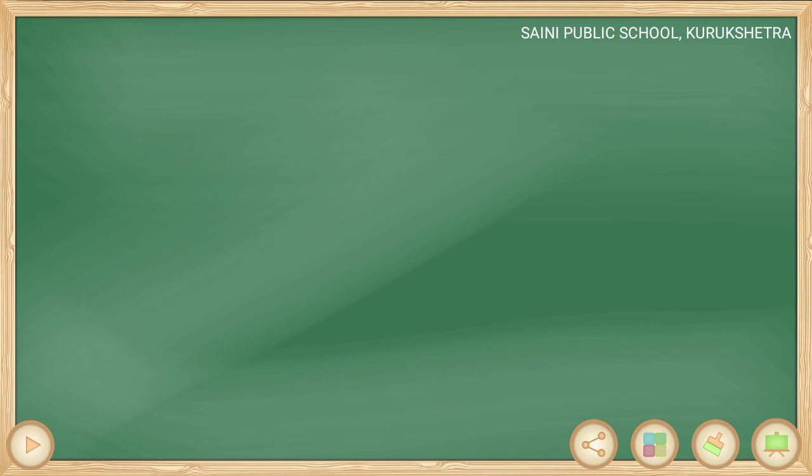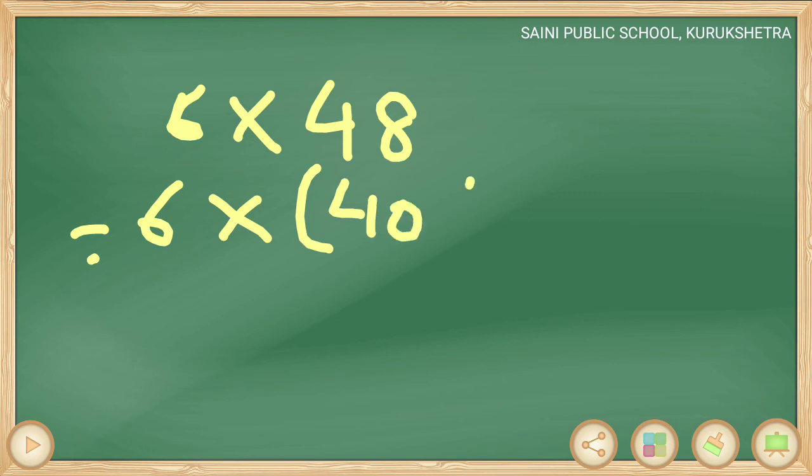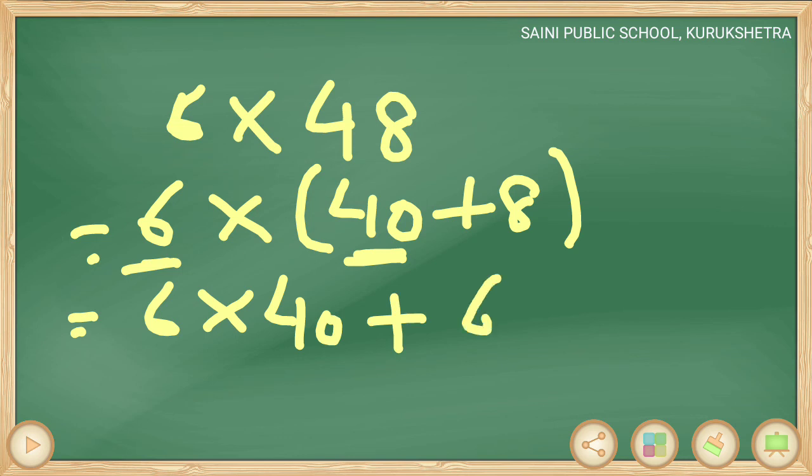For example, you want to multiply 6 into 48. Okay, now again 6 into, we can write 48 as 40 plus 8. Okay, now multiply this number by 40, first number, then put a sign of plus here, then multiply this number by second number.